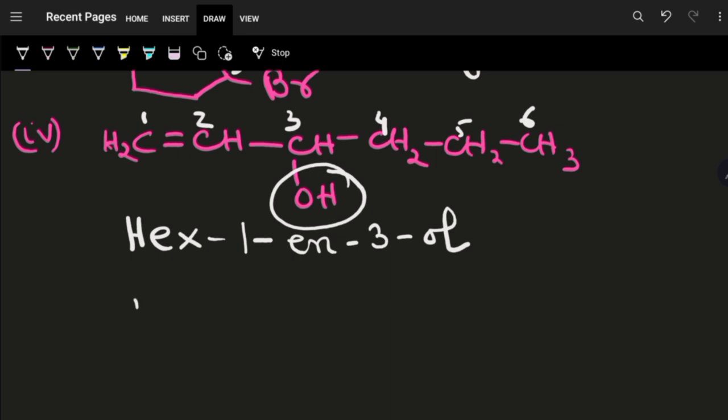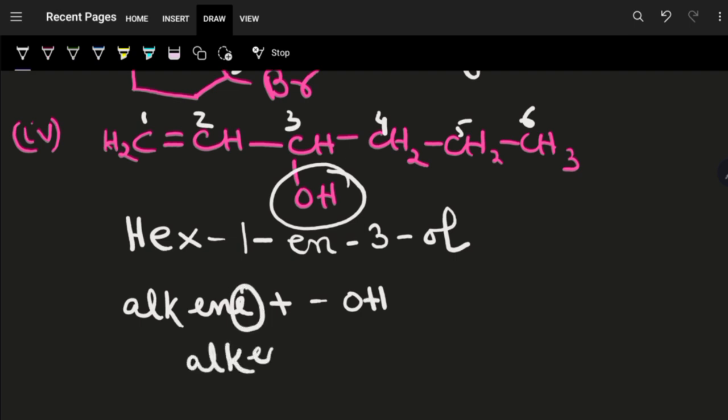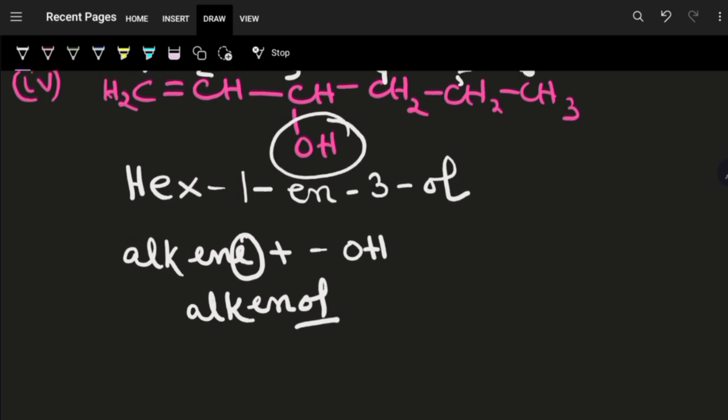In an alkene system, if there is an alcoholic OH group attached, we drop the E and we write it as alkenol. That is what is being done. Hexene system, 3 position ol. So it is hex-1-en-3-ol.